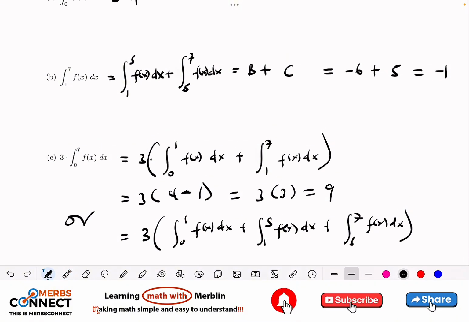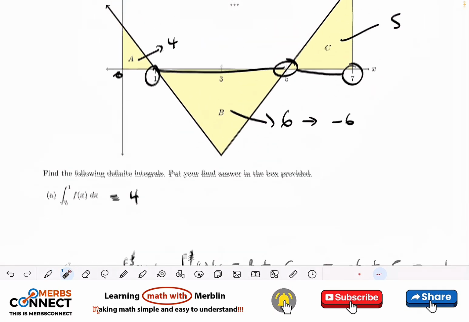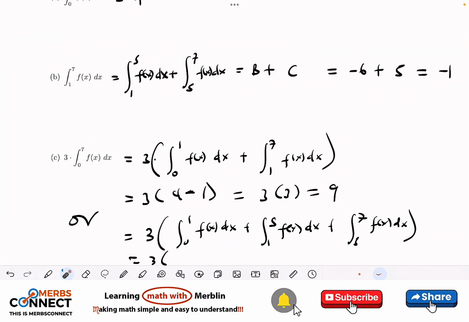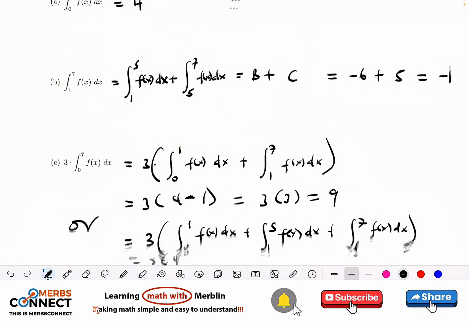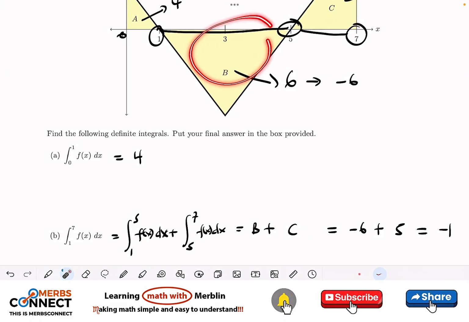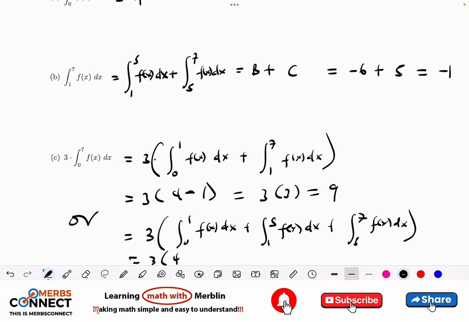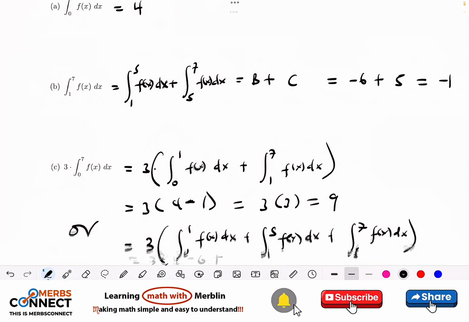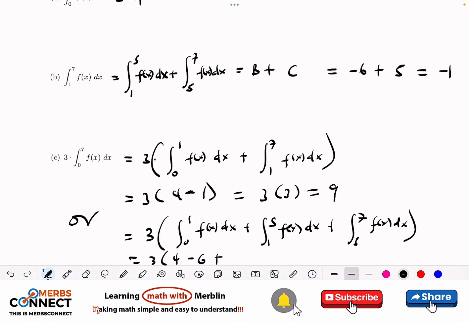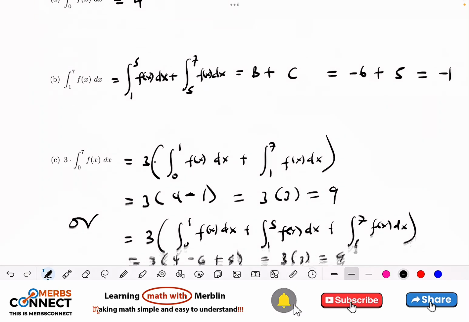So what are we going to get from here? What is the area here? We saw that the area here is 4. What is the area between this? This is -6, plus the area here is 5. So we are going to have 3. And then this is going to be 3. And we are going to have the same 9 there.